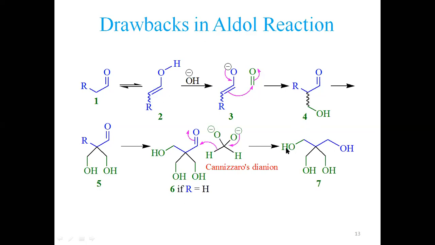These three hydroxymethyl groups are coming from formaldehyde. Why? Because this methylene is very active. If this R is hydrogen, this is simply acetaldehyde. So this is very active. That's why it forms this type of product, rather than a condensation product, rather than the aldol reaction. So this is the dominating product, but the actual aldol product is recessive.